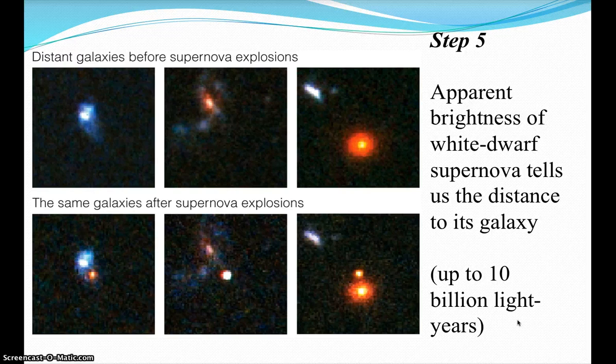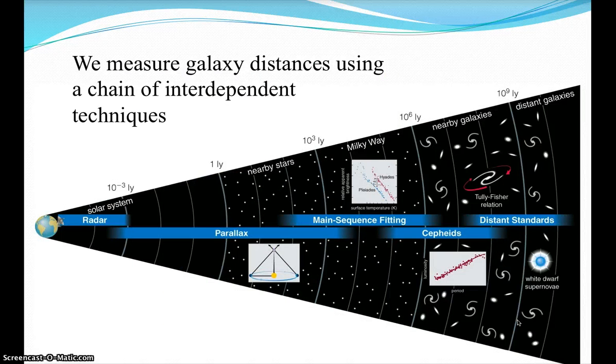So these become standard candles that we can use for galaxies that are quite far away. So basically what we've gone over are different methods for finding distances to galaxies and other objects in the sky that are different distances away.